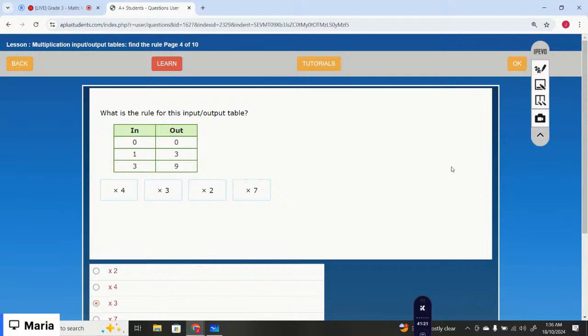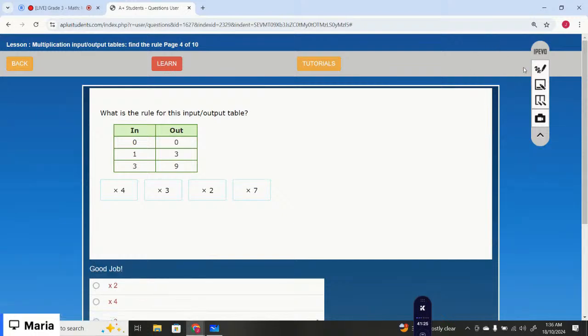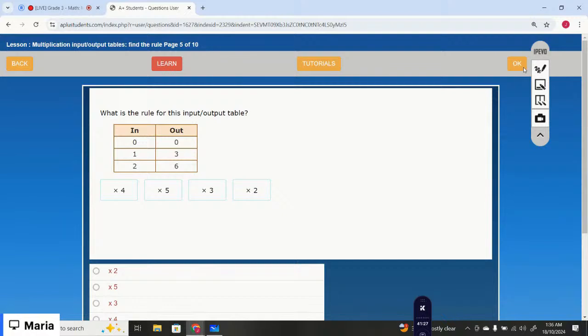Yes, that is multiply by 3. What is the rule for input output table?